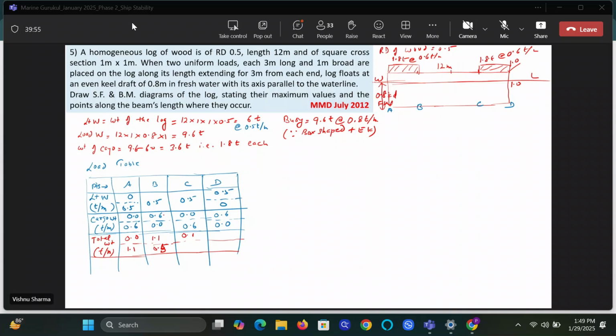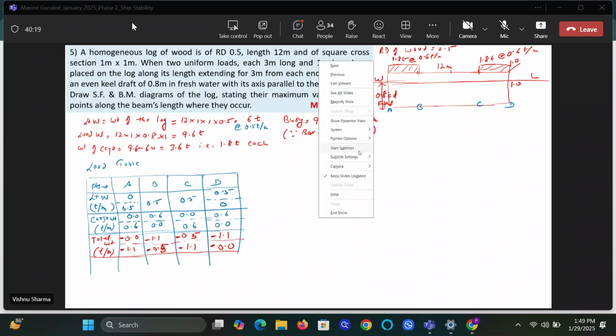Then it is 1.1 and 0.5. Okay. Now this will be minus. If you put minus in the above two also, it's perfectly fine. Nothing to worry about. Guys, please check. Is the total weight I have put correct, or is there a miss?